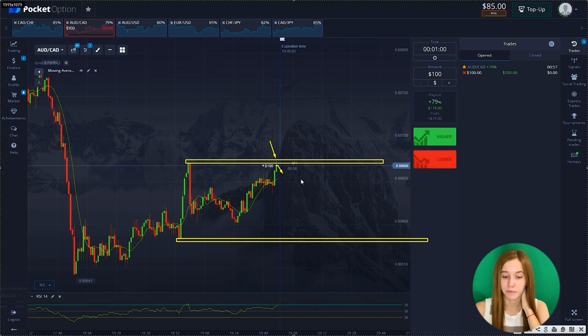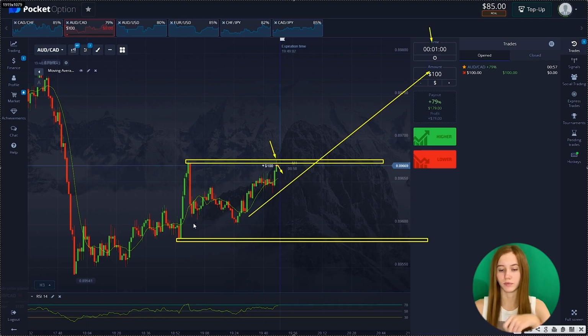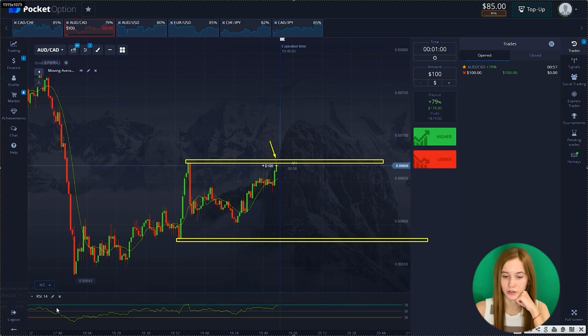We see growth on our chart. I think it will pull back upon reaching the resistance level. RSI also, we see we reached the overbought area in the upper position.